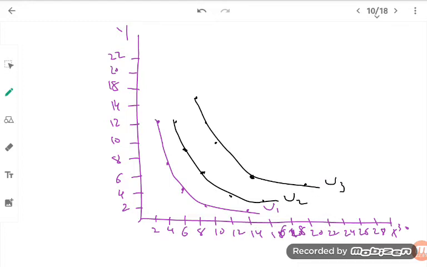This is number 3. Number 4: 10 and 13, 12 and 10, 14 and 8, 18 and 6.4, and finally 20 and 6. And this is line number 4. This is the indifference map of this consumer.